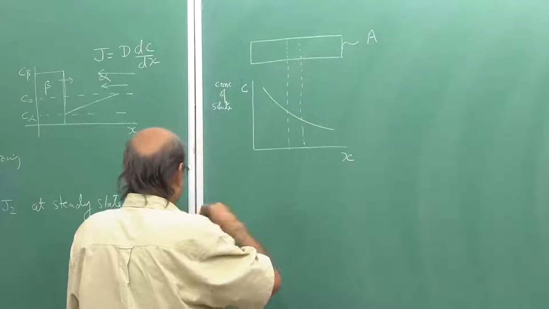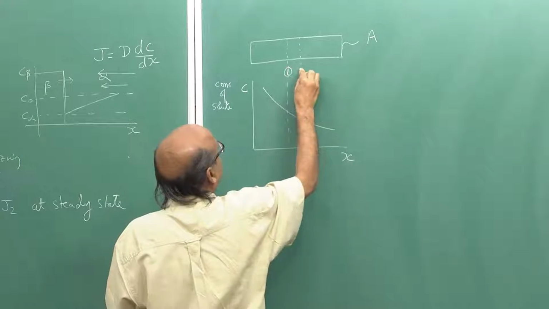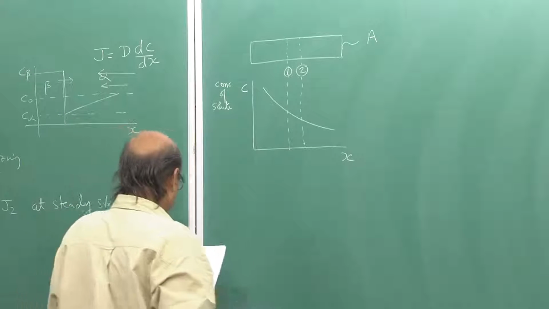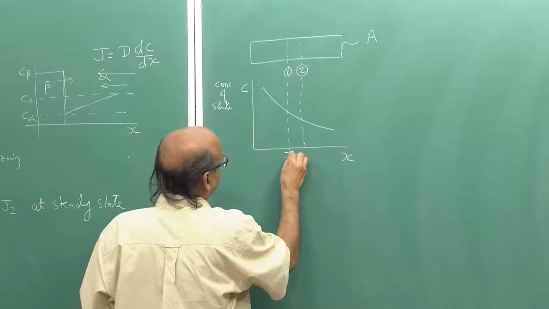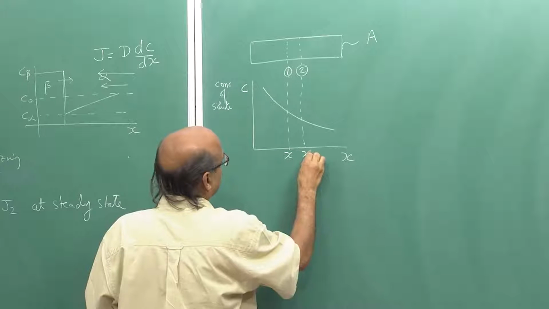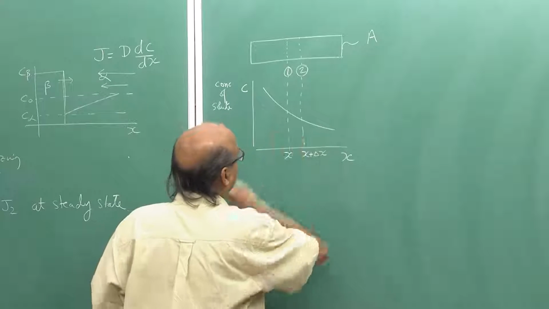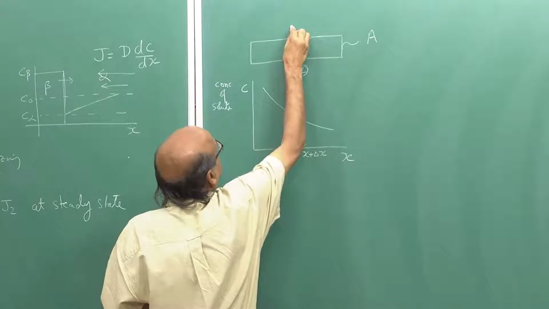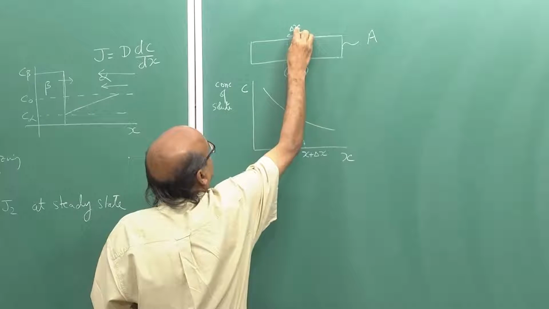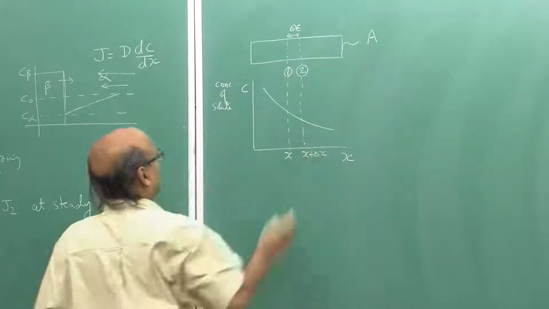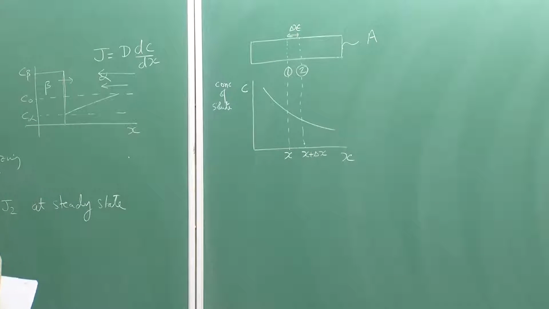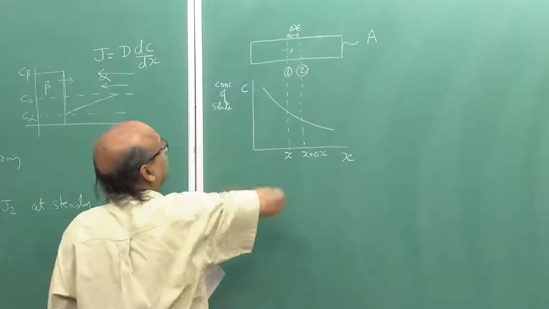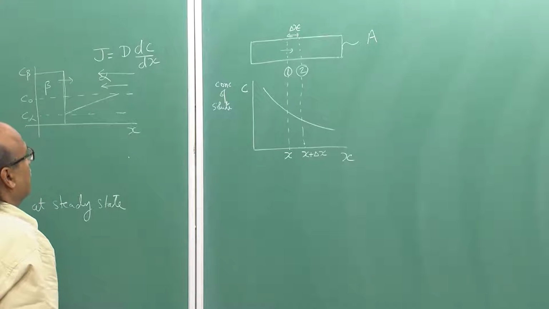So, let us consider this as plane 1 and this as plane 2, and these two planes are located at x, plane 1 is located at x, plane 2 is located at x plus a small increment delta x. So, we are looking at a small element delta x, and the area of cross section of this element is A. So, what is the flux across plane 1?